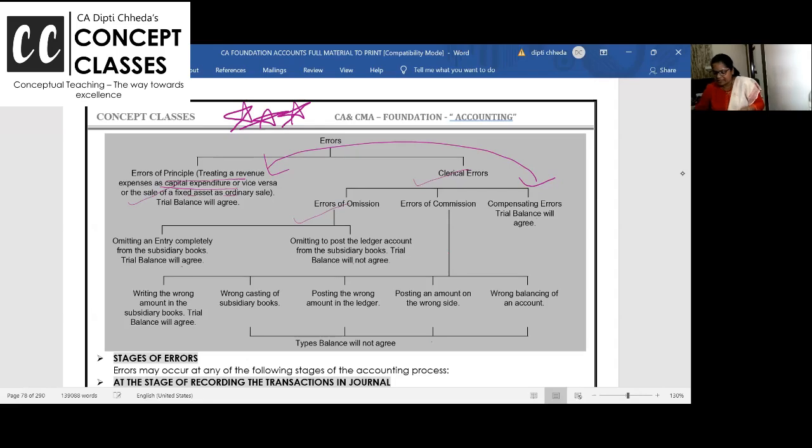The screen is getting stuck again. Okay, some disturbance was there. I hope it is clear to all of you. Yes. One second.